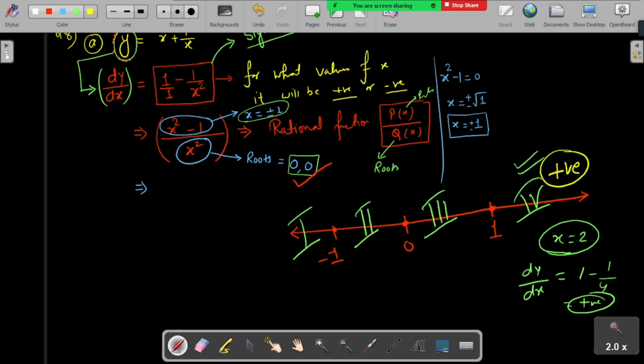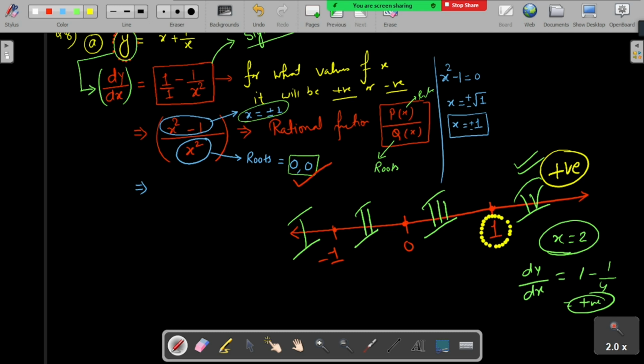You have checked its sign by putting one of the values, but you may check for any value belonging to this part, it will always be true. Okay, the next rule is, to get the sign of this third segment, please see this 1 is a root. Please check how many times this root 1 has come.